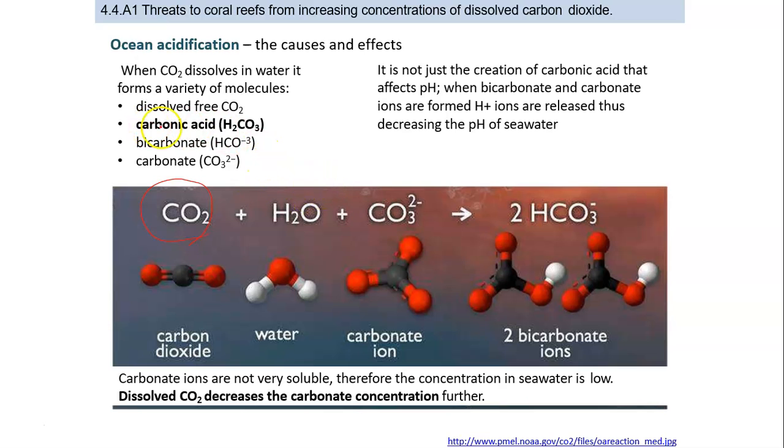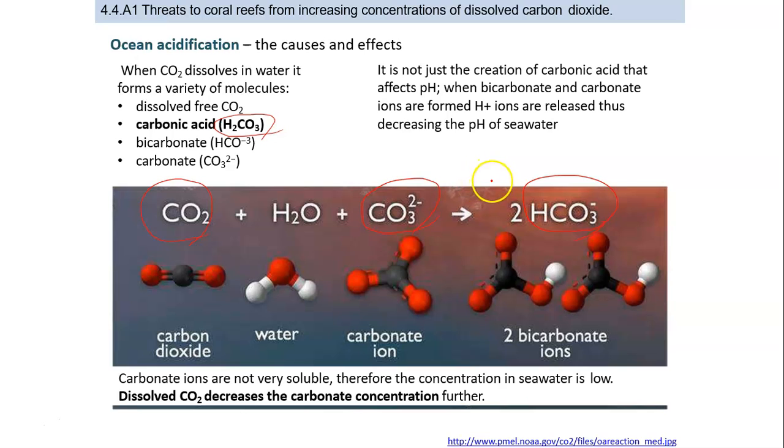It could be in the form of carbonic acid, H2CO3. It could be in the form of bicarbonates, and it could be in the form of carbonates. So there are different forms of the carbon dioxide once it goes into the water.